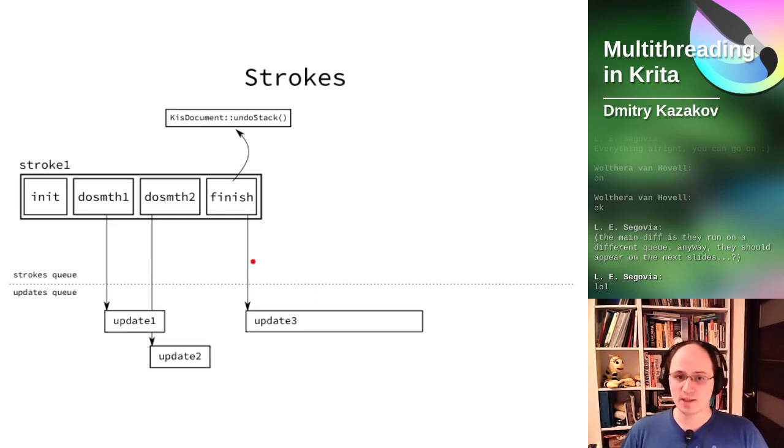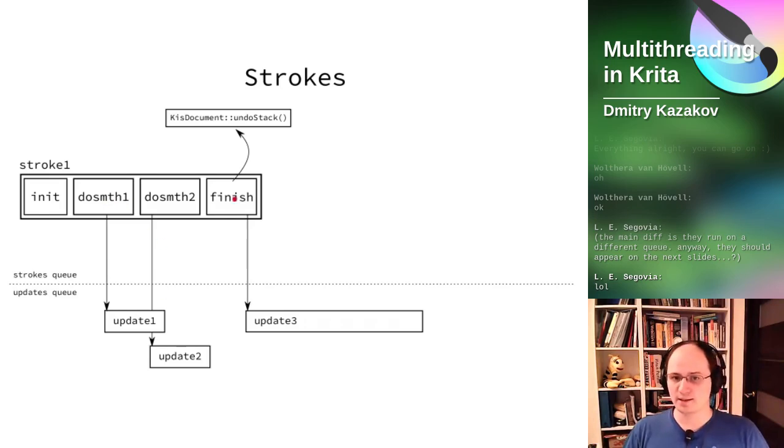The stroke consists of stroke jobs. Init job and finish job are just special types of these stroke jobs, and we can add as many jobs in the middle. Every job can request image updates. Just call layer set dirty, for example.